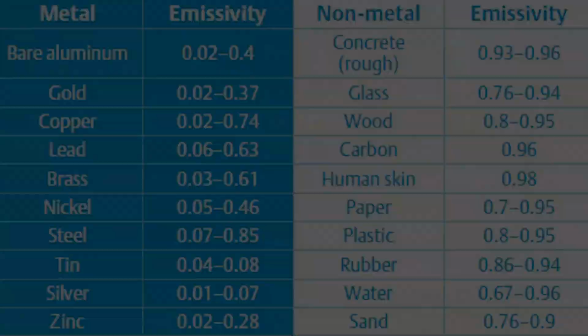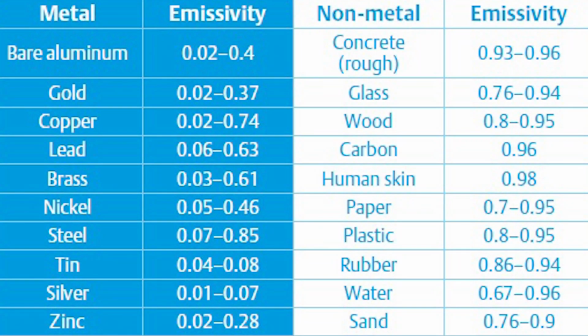So they might be the same temperature, but the amount of thermal waves or infrared waves they're emitting can vary, which is sort of tricky to understand. But what this means is that when you're operating a thermal camera, you have to set the emissivity to the object you're trying to measure.